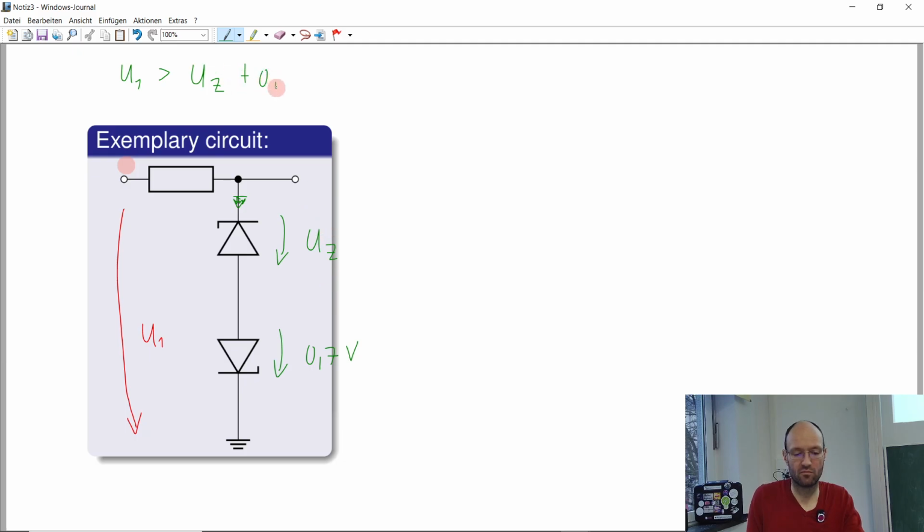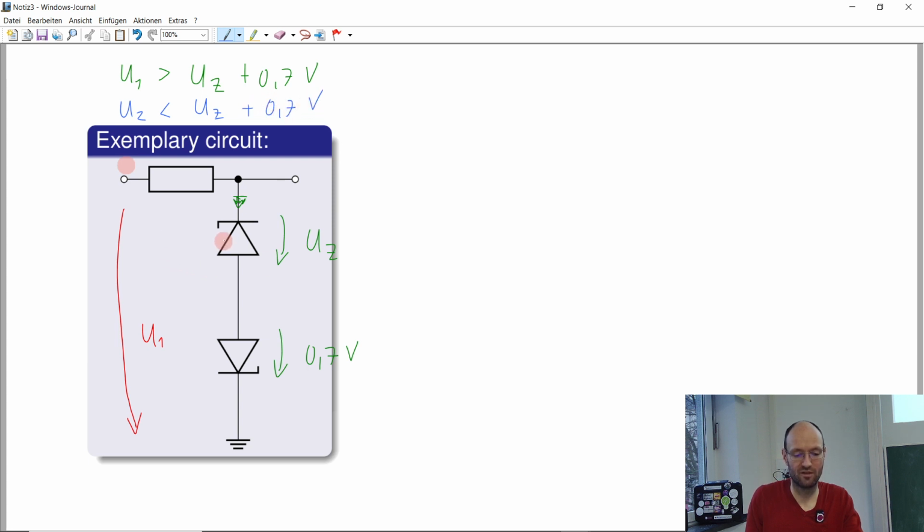So if our input voltage is larger than the Zener voltage plus the conducting forward voltage of the second diode, let's say 0.7 volt, then it will be conducting in this state. And in the second case, if the input voltage is smaller than minus the Zener voltage, also plus 0.7 volt, we will check in a second.